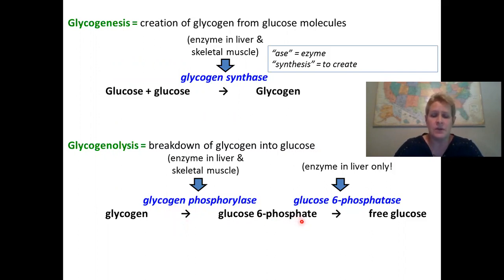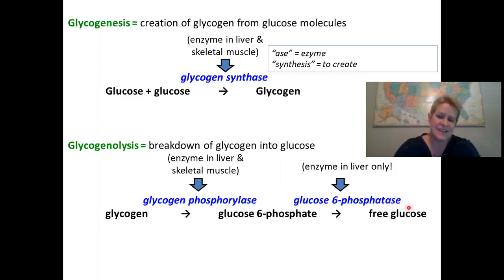Now, the liver and the skeletal muscles both have this enzyme, and this glucose 6-phosphate can be used inside of cells, but it can never leave a cell and go into the bloodstream. In order to do that, you have to break glucose 6-phosphate down one more step, and it requires an enzyme that only the liver has. So glucose 6-phosphate gets broken down by glucose 6-phosphatase.